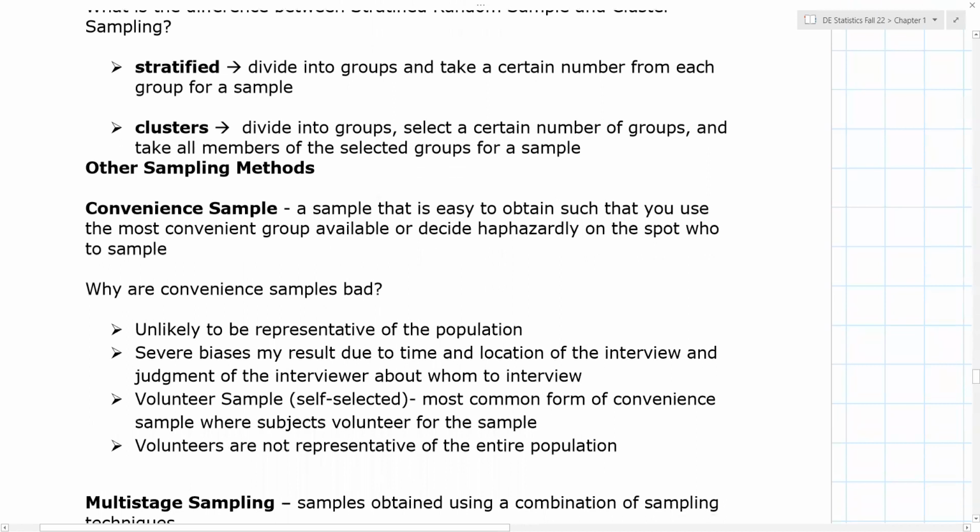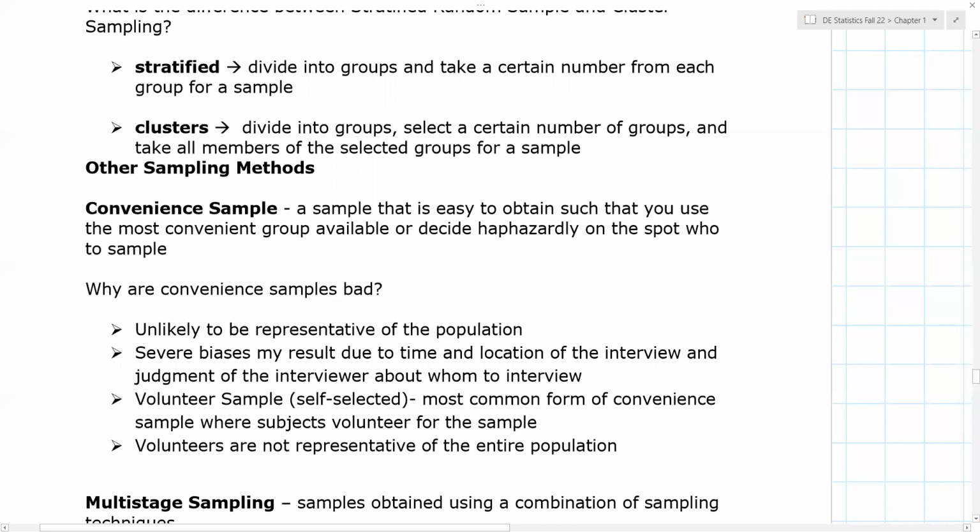All right. The next type of sampling we're going to talk about is a poor sampling technique. It is probably the most common sampling technique, and it can be used effectively. It's just not scientific, and that is called convenience sample. A convenience sample is when you allow people to self-select into your survey.